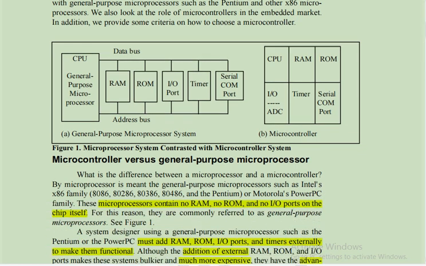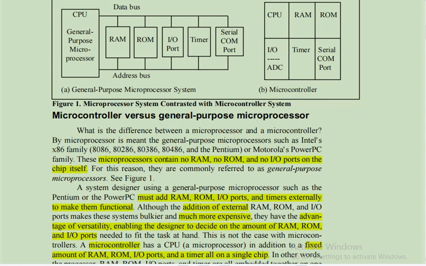Now coming to the lower side. The microprocessor has CPU, data bus, address bus, RAM, input output ports, timer, serial COM, and the microcontroller has CPU, RAM, ROM, input output ports, timers, and serial COM ports.